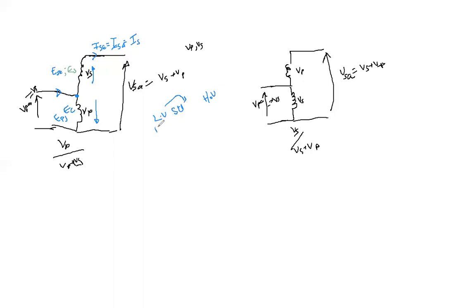That means here we have high current, and here we have low current. So let's use this to know the direction of this current. This is the low voltage side, therefore we must have a high current.